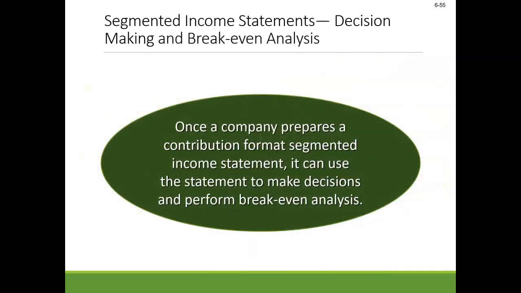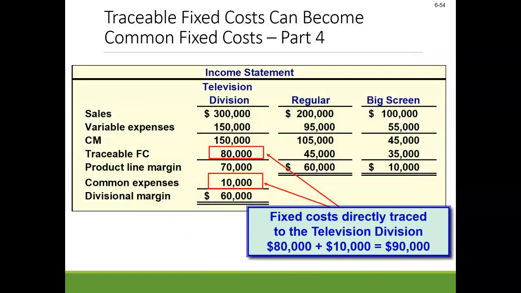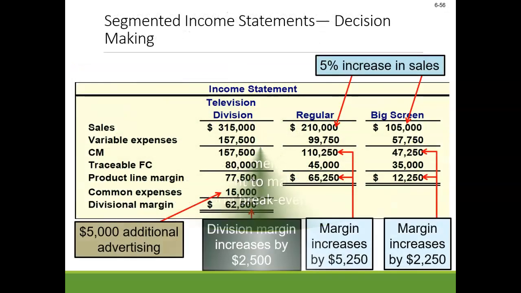So in this example here, we had a divisional margin of 60,000, and we had a product line margin here of 70. By increasing our sales by 5%, that ups our income as a whole 15,000.